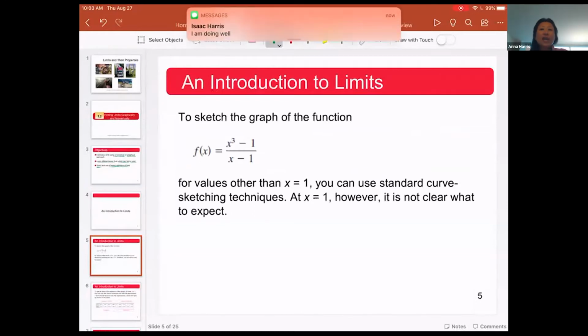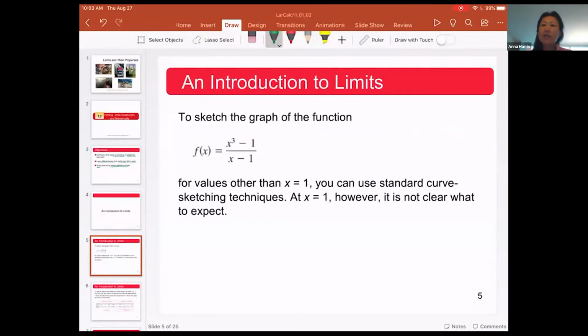To sketch the graph of a function f of x equal to x to the third minus 1 over x minus 1, for values other than x equal to 1, we know what to do. However, what happens? It is not clear at x equal to 1.